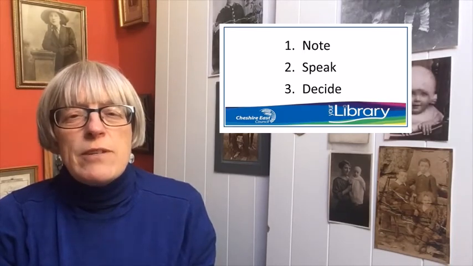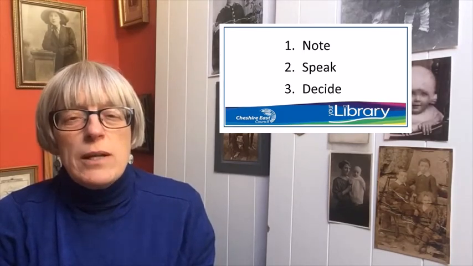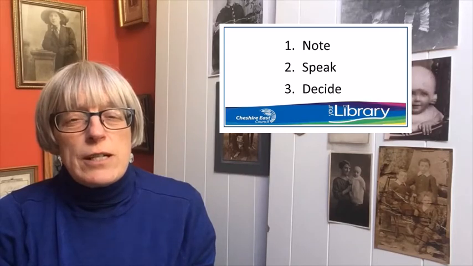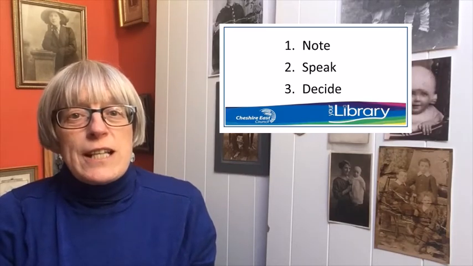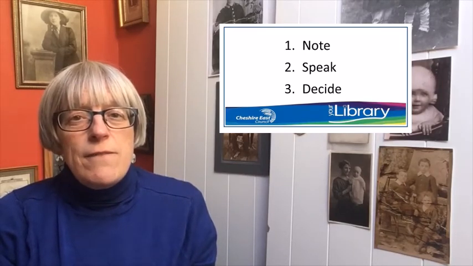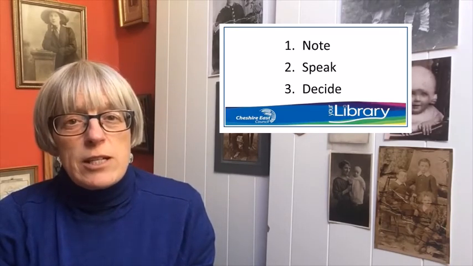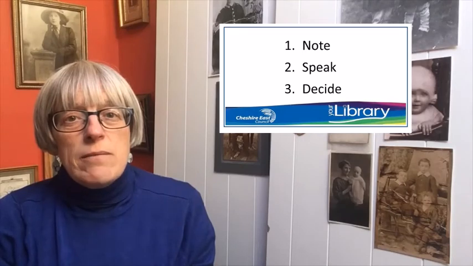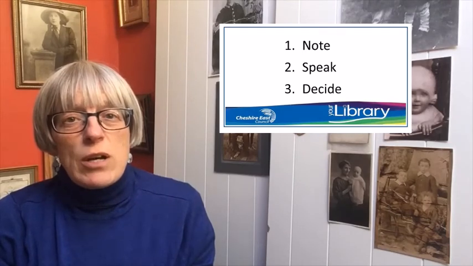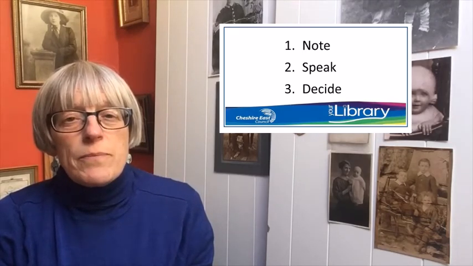Now, the problem with having just one specific goal is that, I have to be perfectly honest, no research is guaranteed to give results. And if you only have one goal, and especially when you're just starting out in family history, then it can be rather disheartening if you can't get anywhere with that goal.